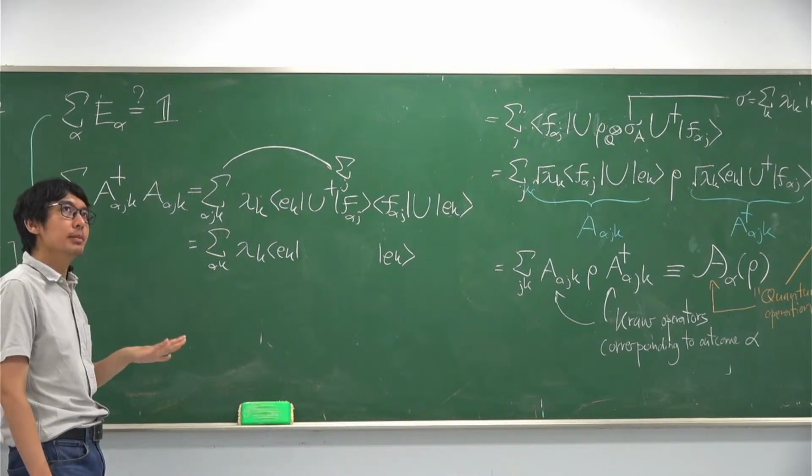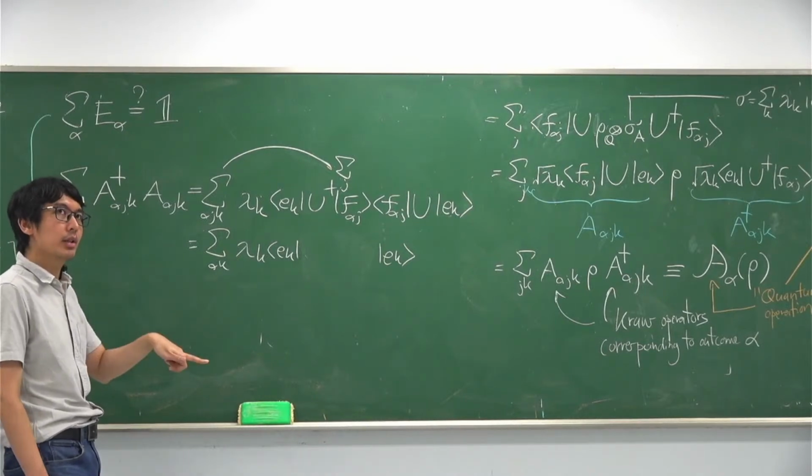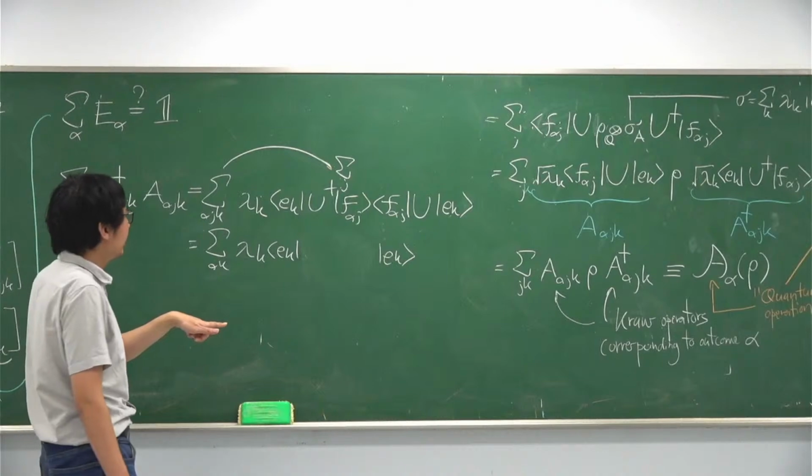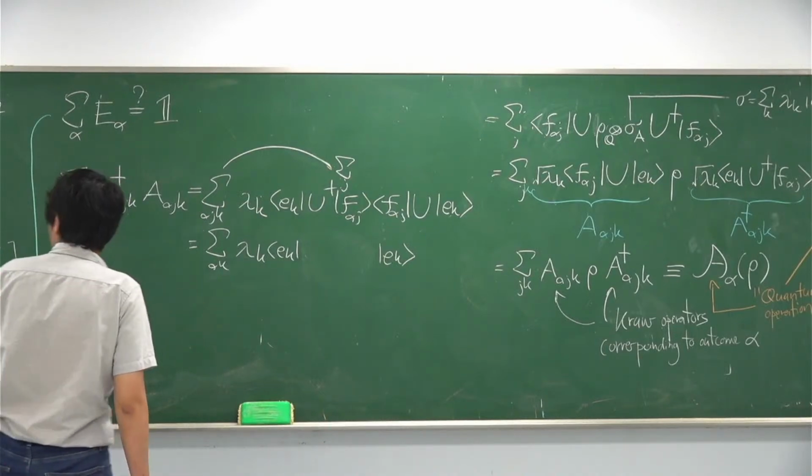It's kind of weird because U acts on both the quantum system and the ancilla.